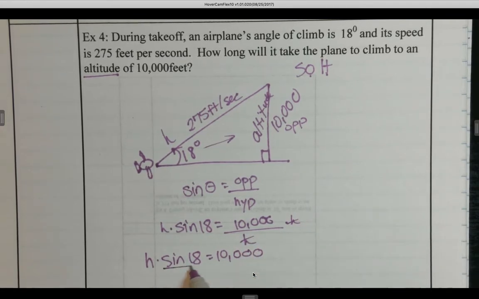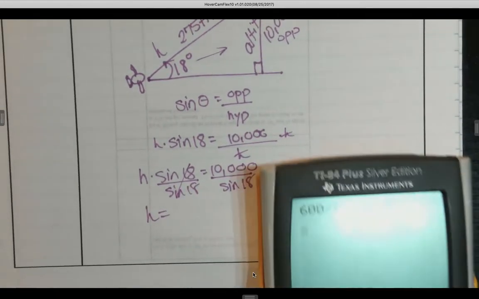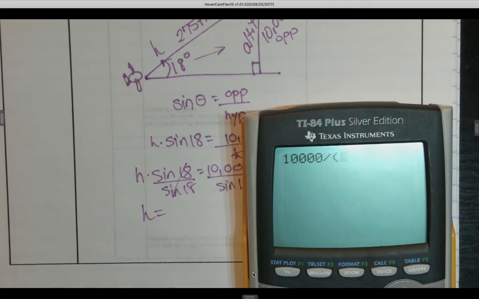And then again, I can't really just move the 18 because it's not 18. It's sine of 18, so I have to move the entire thing. I'll divide both sides by sine 18. So my hypotenuse is whatever 10,000 divided by sine 18 is. I'm going to plug that into the calculator. 10,000 divided by sine 18 degrees.